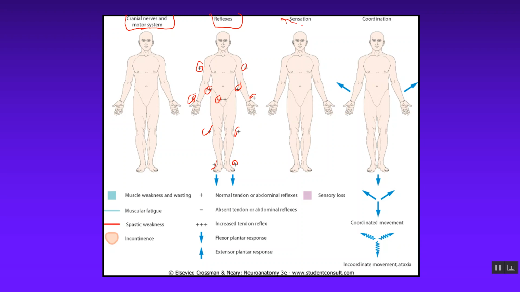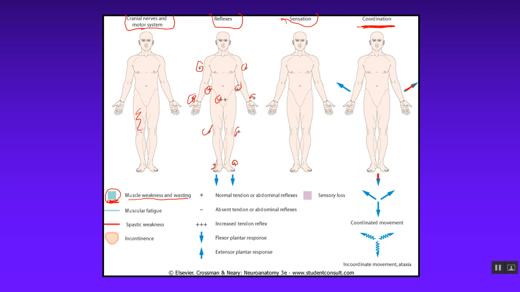Then sensation: a blank body indicates no problems with sensation. This one indicates coordination. A nice straight arrow for the arms and legs indicates smooth, coordinated movement. And if you see a part of the body outlined in green, that indicates muscle weakness and wasting.